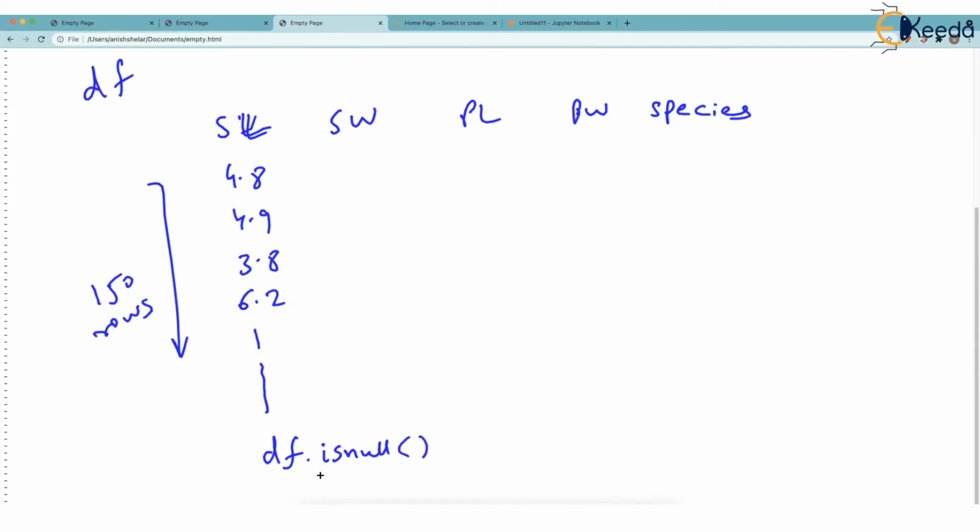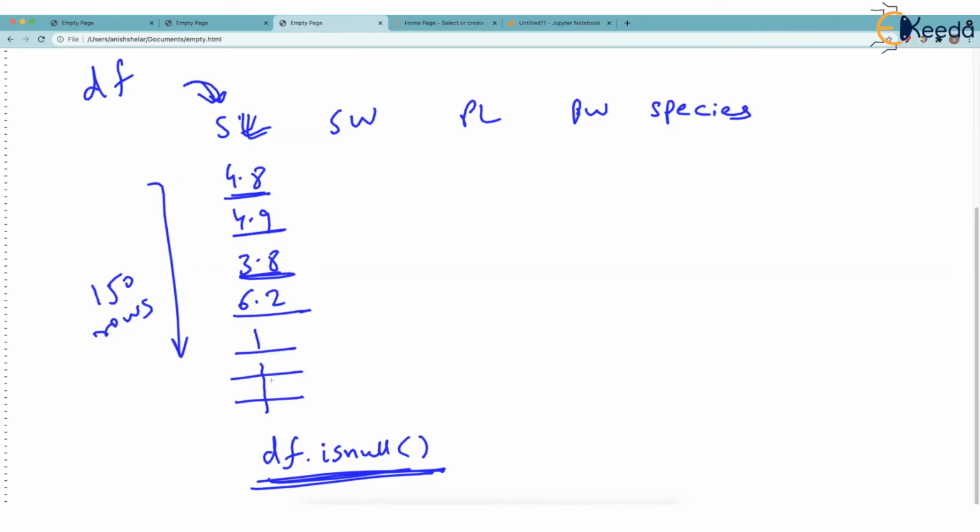What it does is actually an iterative job. df.isNull will first go to the sepal length column and ask: are you null? No. So the output for this is false. Are you null? No. So again false. False, false, false, false.